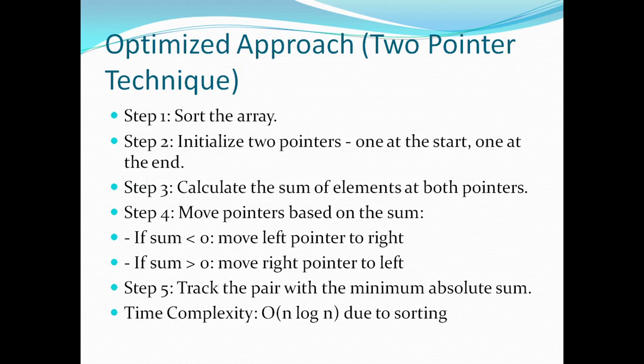If the sum is less than 0, we move the left pointer to the right, and if it is greater than 0, we move the right pointer to the left. We keep track of the pair with the closest sum to 0. This approach runs in order n log n due to sorting and order n for the scan.